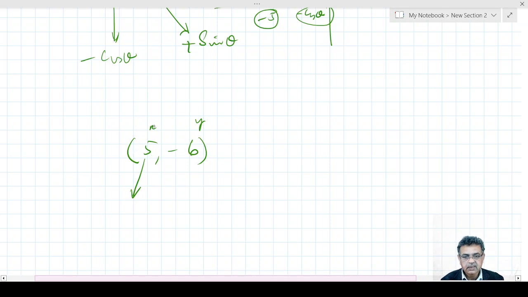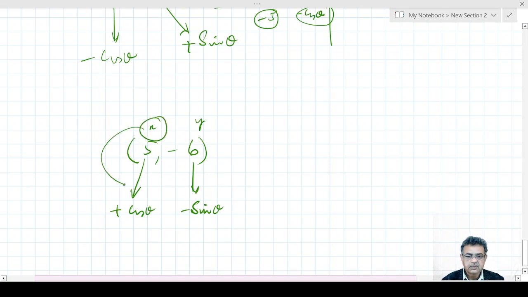So we can see that the x coordinate is positive, so cos theta will be positive, and the y coordinate is negative, so sin theta will be negative. So what you are supposed to do is relate the x-axis with cos theta and the y-axis with sin theta. If y is negative, sin is negative; x is positive, cos is positive.